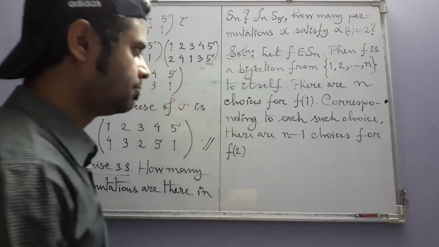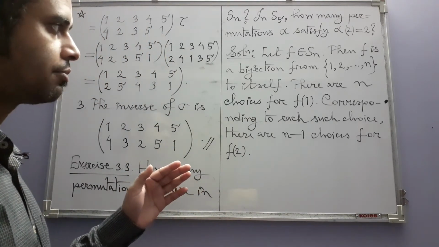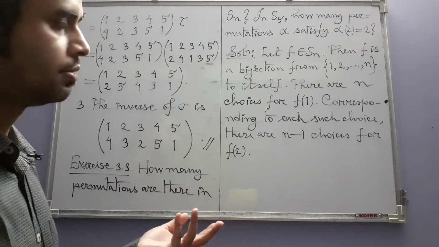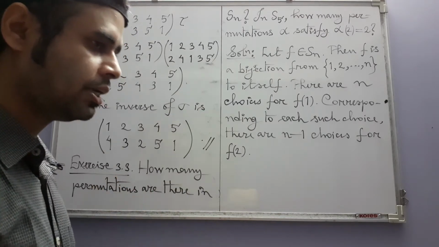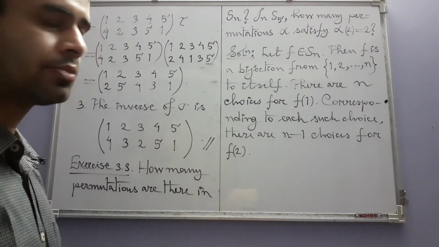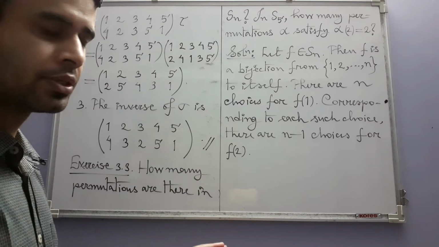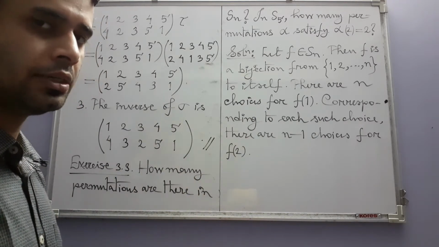f of 2. Once you have chosen f of 1, say you have chosen f of 1 to be 3, then f of 2 can be any one of the remaining numbers, that is all these numbers except 3. F of 2 at the same time cannot also be 3, because then f would not be 1 to 1, it would be 2 to 1 or many to 1.